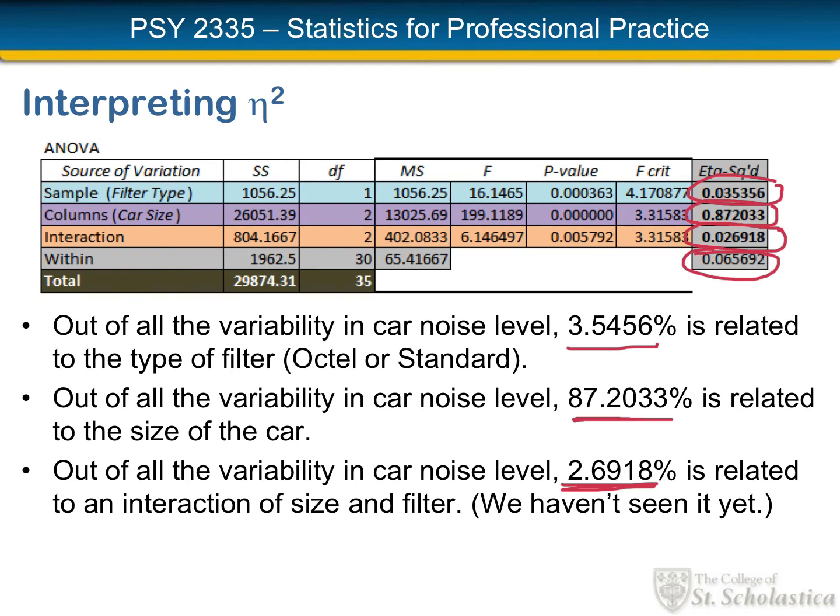These particular eta squareds are a little bit unusual. You hardly ever see in social science or medical data anything that explains 80% of the variability. There's usually so much more randomness going on because human beings are nowhere near as similar to each other as cars are. So this 87% is quite an unusual number.